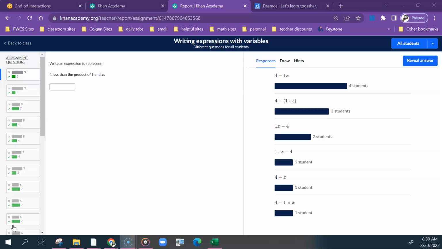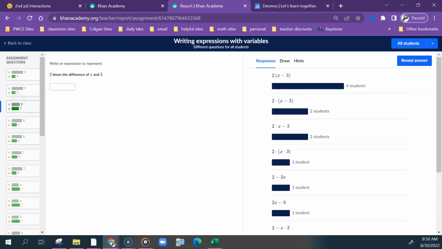I did want to show you a couple of things because I saw some confusion. It was really whether to use parentheses or not.